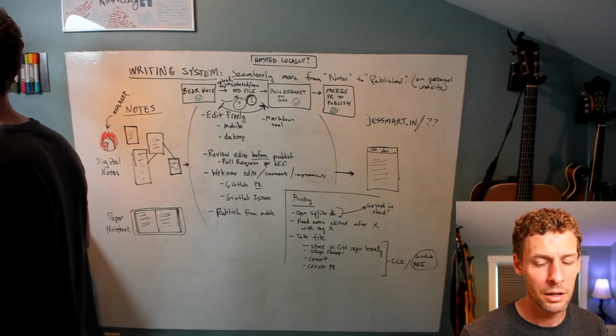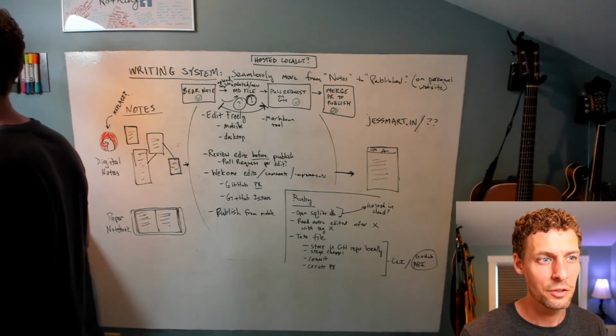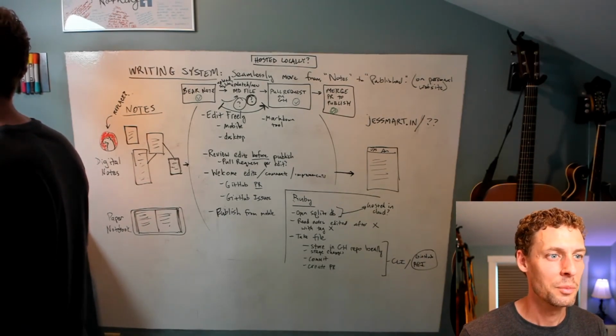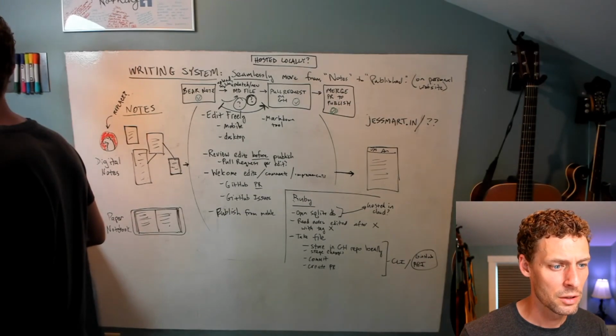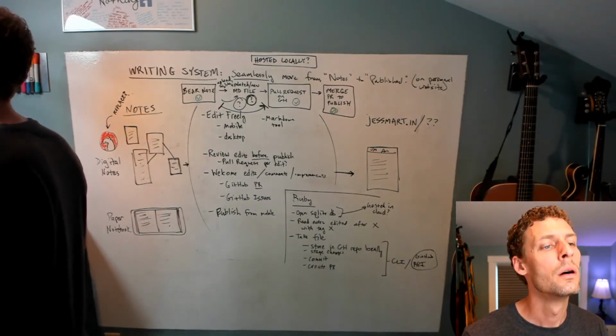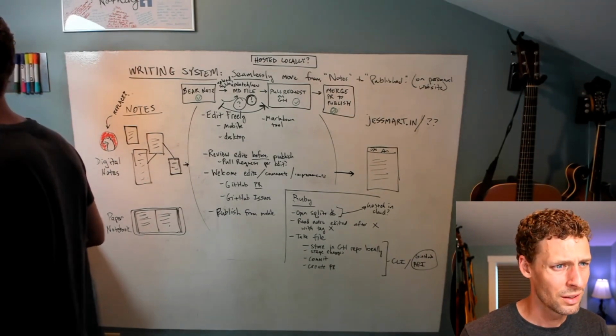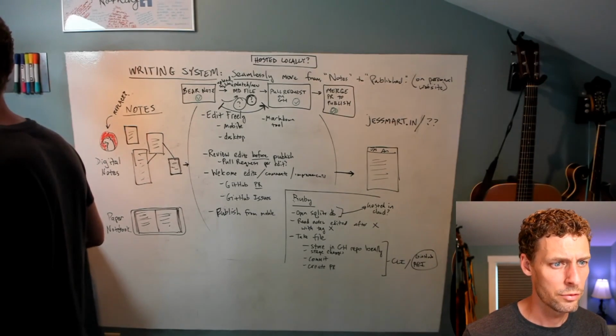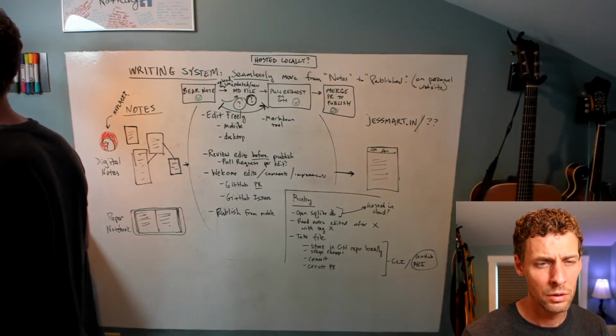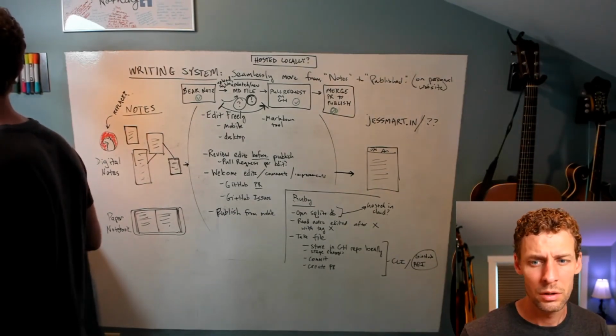I know that in package JSON, VS Code tells you the current version of things. It would be sweet if it did that for gem files as well. But alas, it's like 1.4.2. That's what we want.